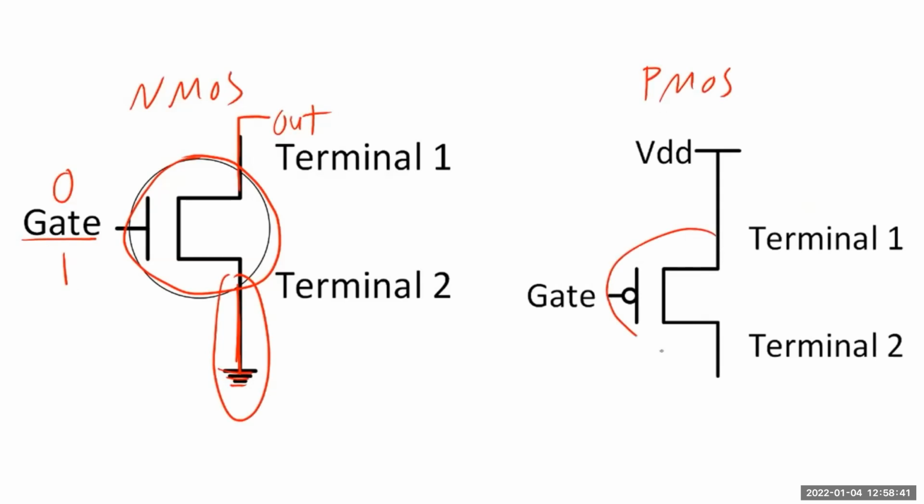We have our transistor here, and notice this little symbol that tells us this is the PMOS transistor. And we connect terminal 1 here to this high voltage VDD, which is usually about 1 volt, but that's going to vary based on the technology. And then we have our input gate, which allows us to control this transistor. And then terminal 2 connects out to other circuits or other logic gates.